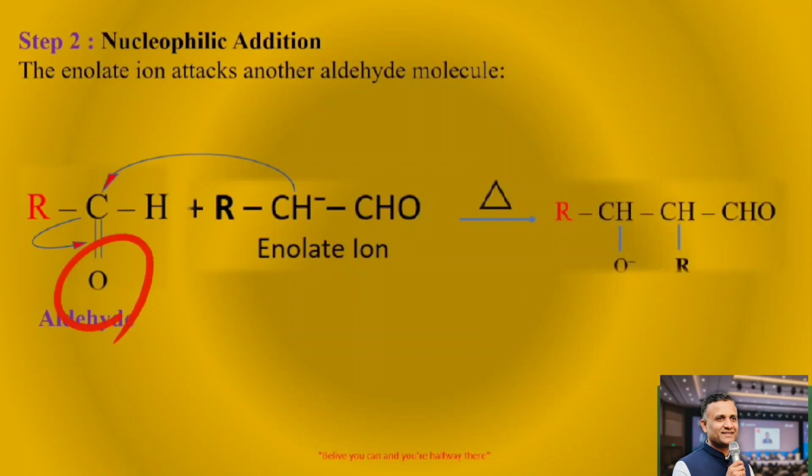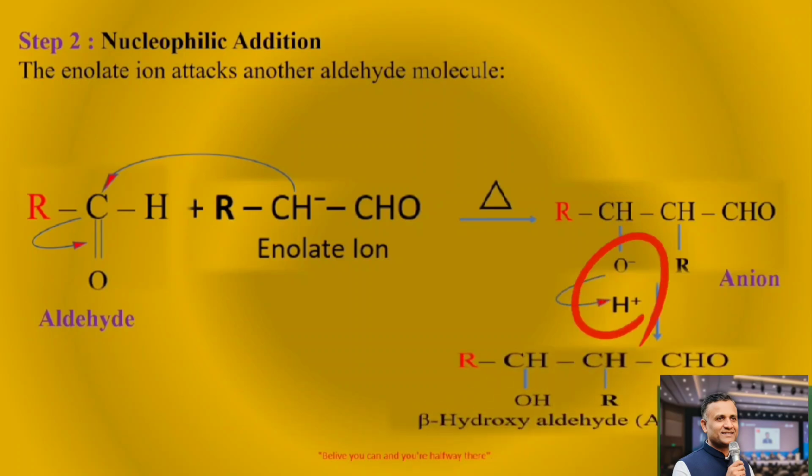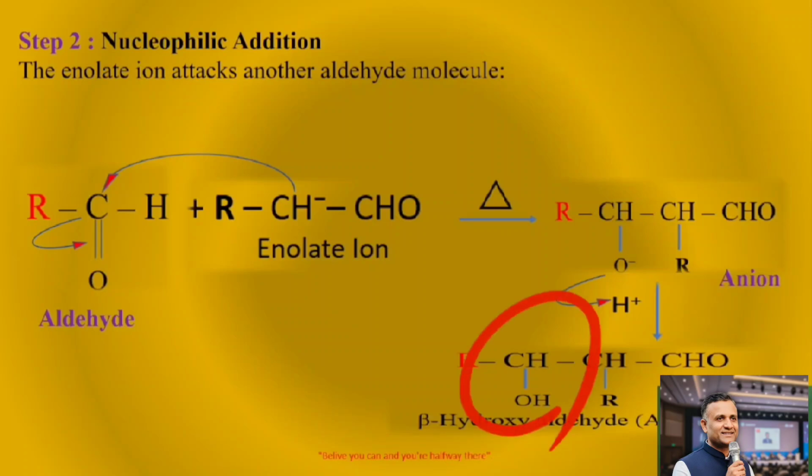You will get the anion molecule. After protonation, the resulting molecule will be beta hydroxyaldehyde, that is our aldol. Here in this structure, the beta position is having an OH group. That's why the name of this structure will be beta hydroxyaldehyde.